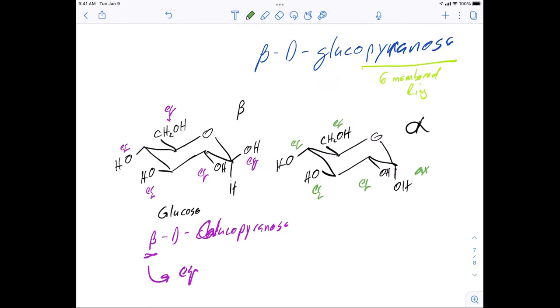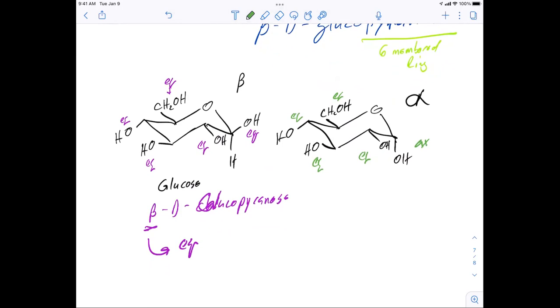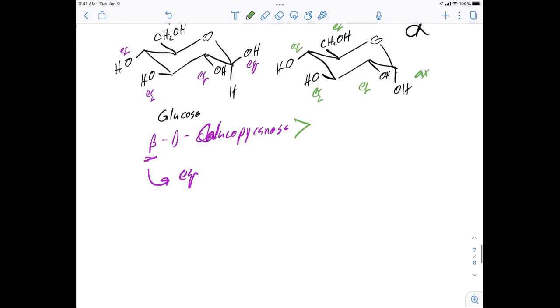So between these two, which one is more stable? The beta is more stable, right? The beta is more stable because it's in the equatorial position. The axial is going to be less stable. The other thing that we're going to be thinking about is if I was going to substitute, let's say that I had these two positions here.